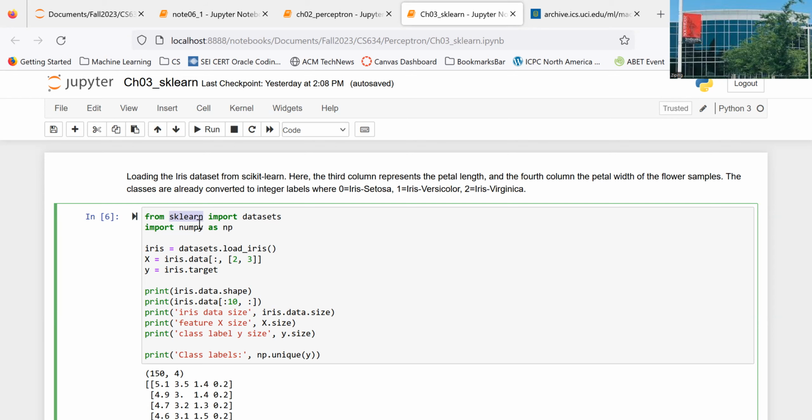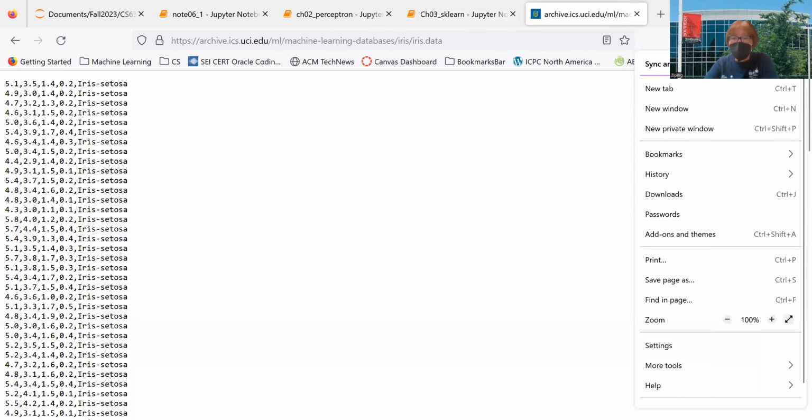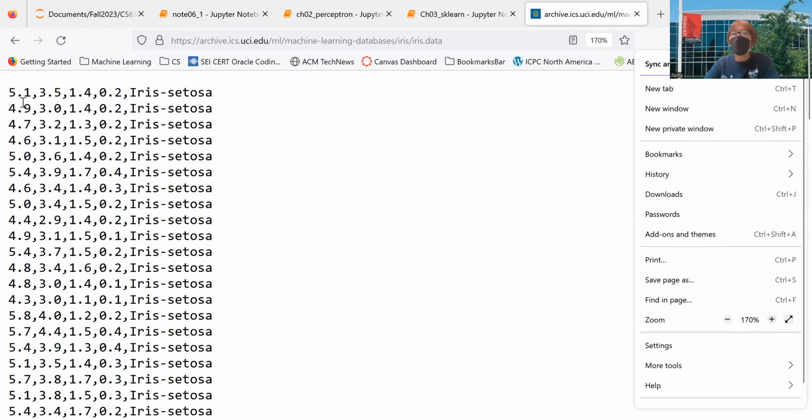Here is a very classic machine learning data set, the iris data. So what does it look like?